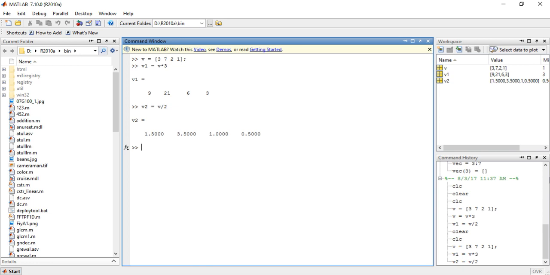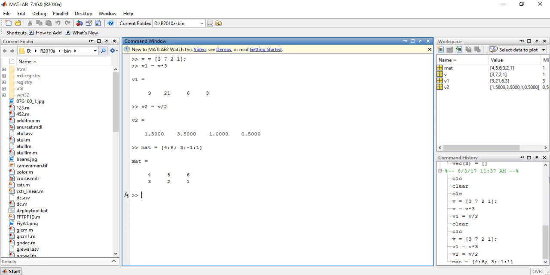To multiply every element in a matrix, let us take a matrix mat equals to 4 to 6 in the first row, and 3 to 1 in the second row.